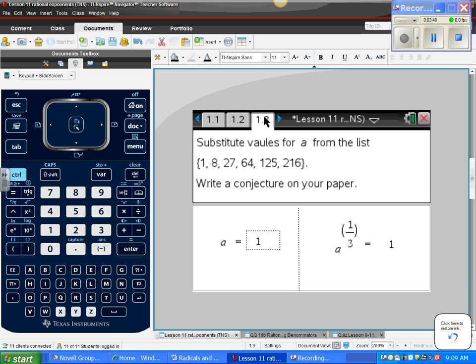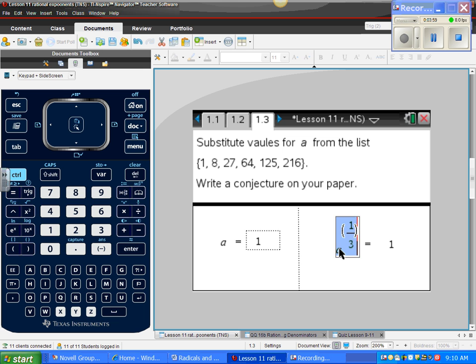Okay, next page. Now we're dealing with 1/3, right? To the 1/3. Okay, so we're going to start with the value of 1. What's 1 to the 1/3 power? It's 1. Okay. Next one we want to go to is what? Follow the list. 8. 8 to the 1/3 power? 2. Next one. 27? 3.